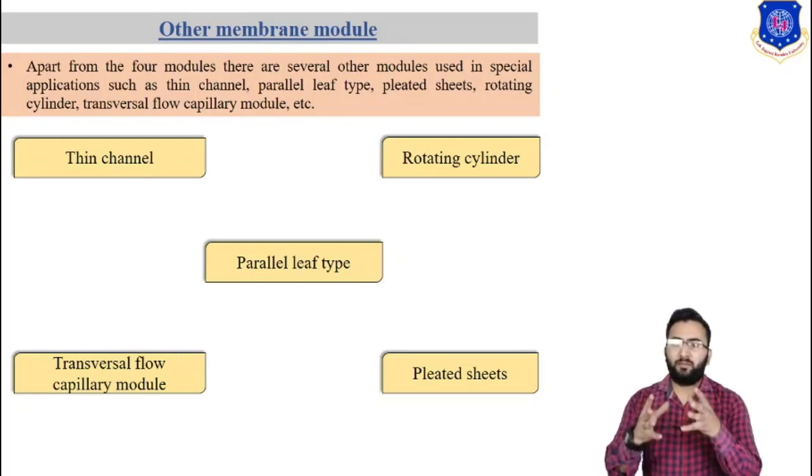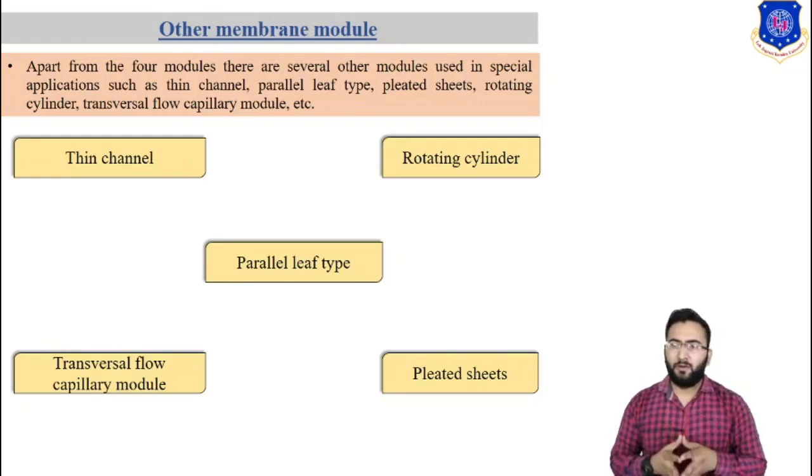In thin channel membrane module, this type of hardware is used in some ultrafiltration processes. Here, feed stream flows through a narrow channel, such as 0.025 to 0.076 centimeter, at high velocity, such as 152 to 762 centimeter per second.